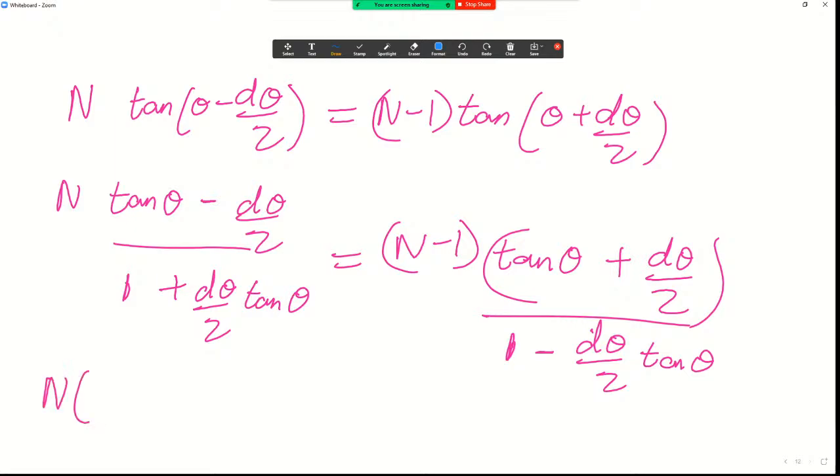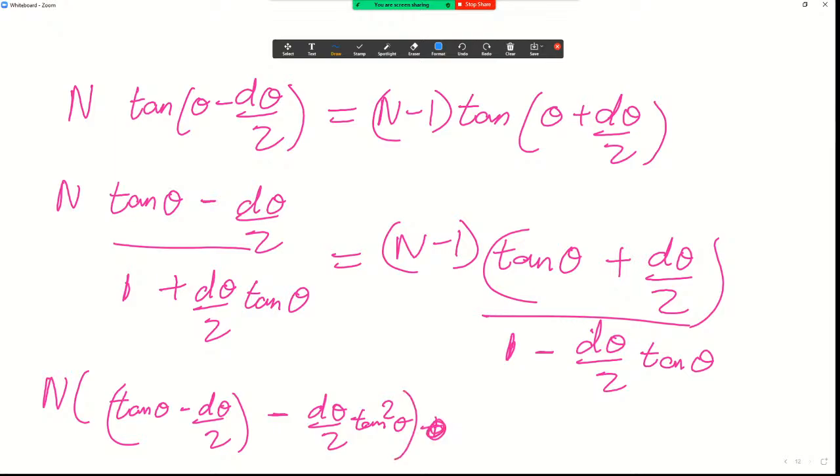So n times tan theta minus d theta by 2 minus d theta by 2 tan square theta, plus I can neglect higher order of this, which equals n minus 1 times tan theta plus d theta by 2 plus tan square theta by 2 d theta.